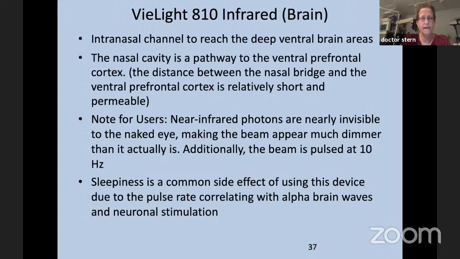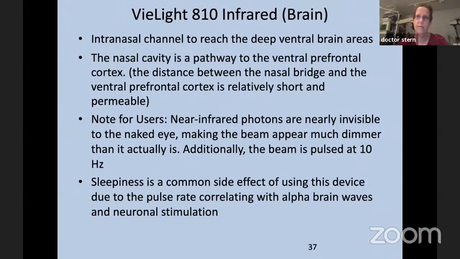And so again, here's a little bit more information about it for you. But basically, one of the things patients have to be careful of when they use any near infrared devices is there isn't going to be much of a color to the light, because we know that we can't see the near infrared.